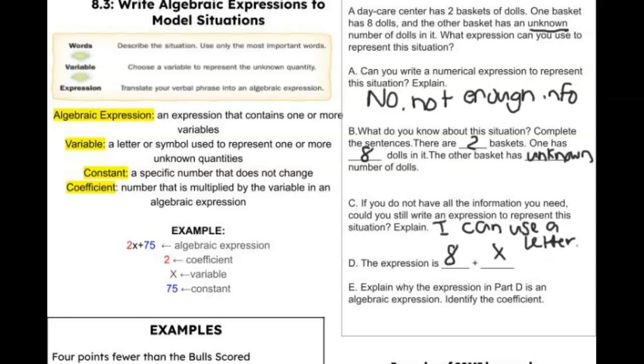Explain why the expression in part D is an algebraic expression. Because it contains a variable. Identify the coefficient. Okay, so if we look over here, the coefficient is right in front of the letter.